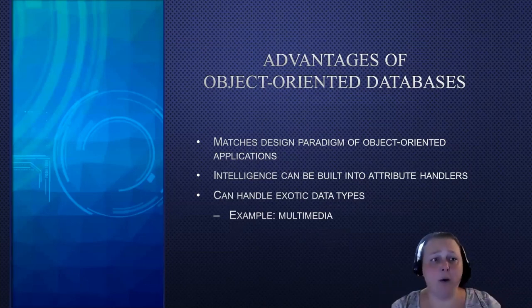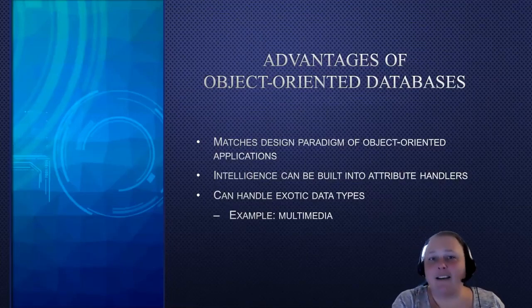seems to be the way that people are pushing and trying to go in that direction. Your intelligence can be built into your attribute handlers. So your attributes, remember columns, are going to know and have a little bit better understanding of what's going on internally. The other thing is that it can handle exotic data types, such as multimedia, such as an audio file or a video file.